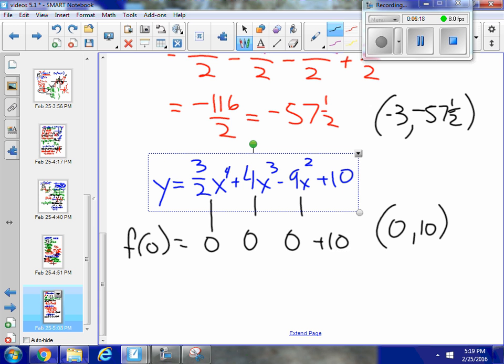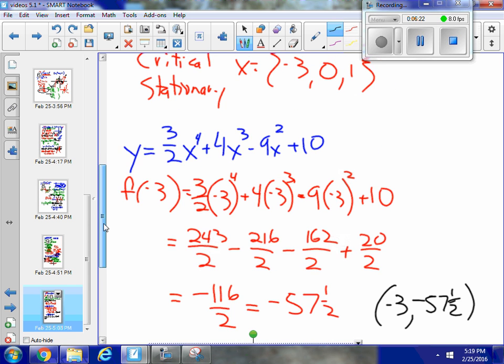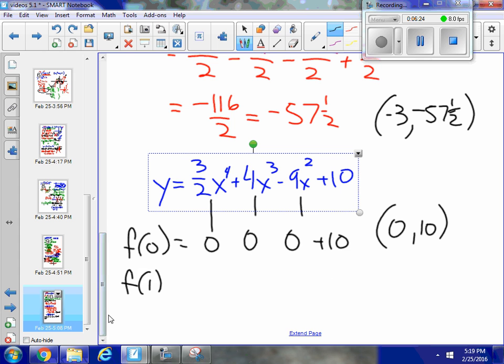And then my last point is f of positive 1. So this is going to be 3 halves times 1 plus 4 times 1 minus 9 times 1 plus 10. So that is the point 1, comma, 6 and 1/2.